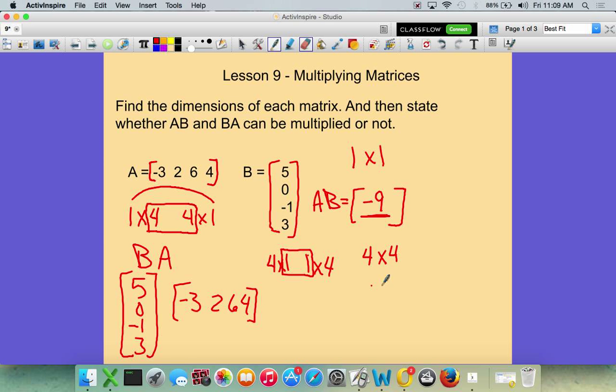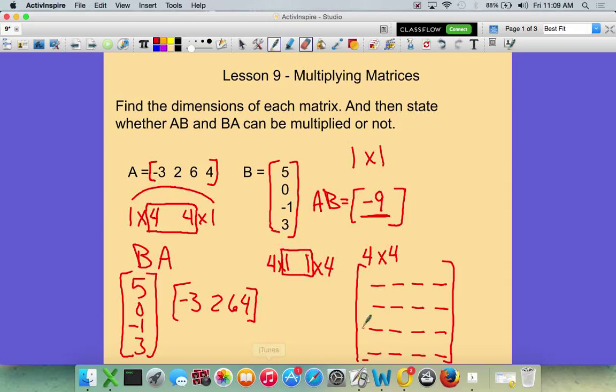So what that means is we're going to have 4 rows and 4 columns here. So we're going to have a lot of work to do to solve this matrix. Notice I put in all of those spots because I have got to be able to fill in every single one of those blanks.